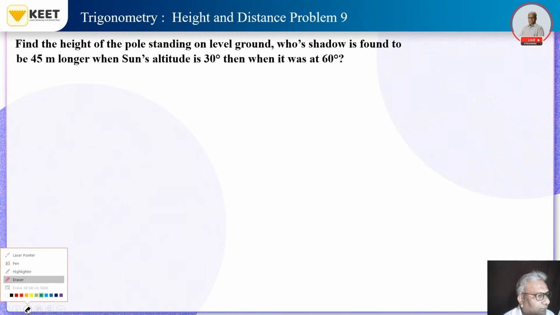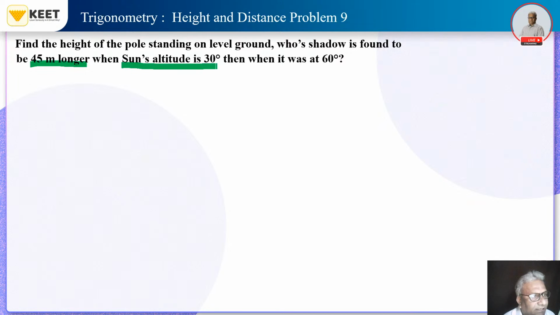It is 45 meters longer when the sun's altitude is 30 degrees than when it was 60 degrees. These are the three things underlined where you have to focus, try to understand the language and accordingly draw the figure.